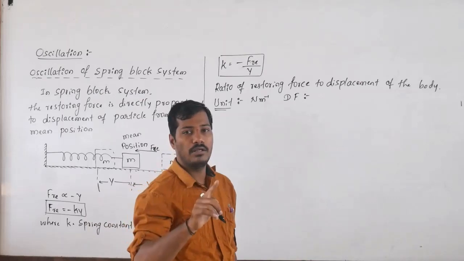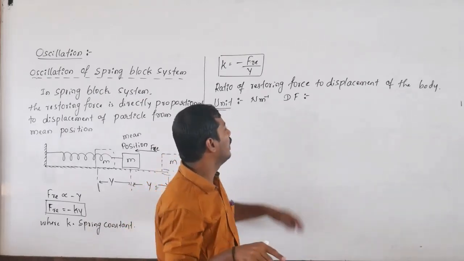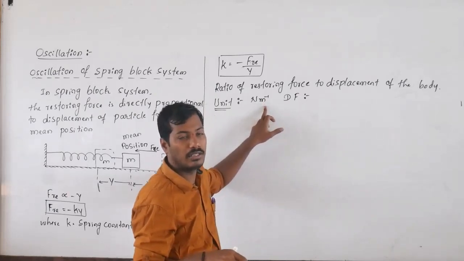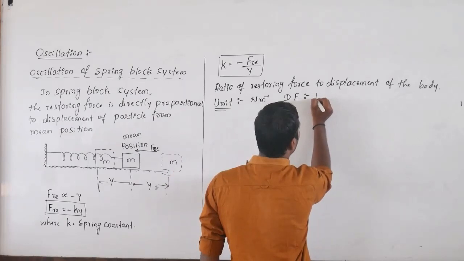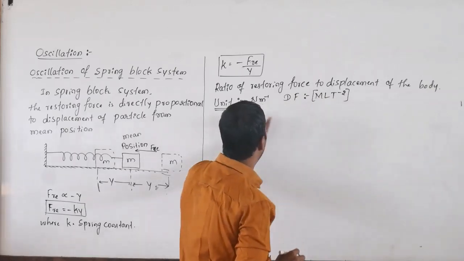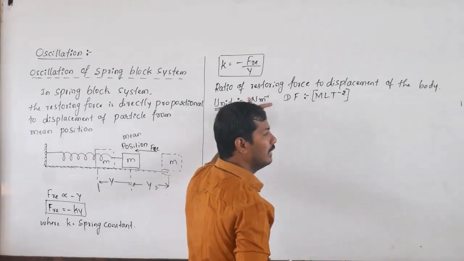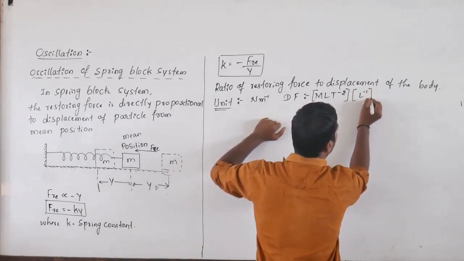Length is 1 unit and time is per 2 units, and another one, per meter, is also there. So it becomes what? Newton is nothing but M L T raised to minus 2 is the force here, and per meter is per length. Then L minus 1 is there.